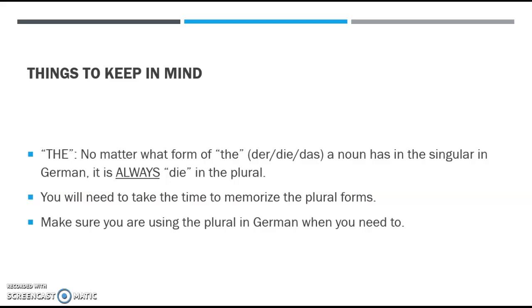So when you're writing, if you're talking about books, make sure that you are using the actual plural form of a word. Because think about it, if you are saying something like "the book are here," it sounds a little silly. So we want to try and get the plurals right and use them when we need to as much as possible.